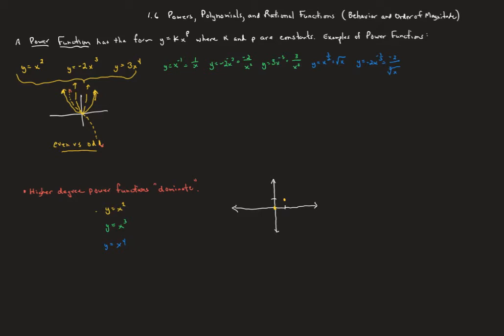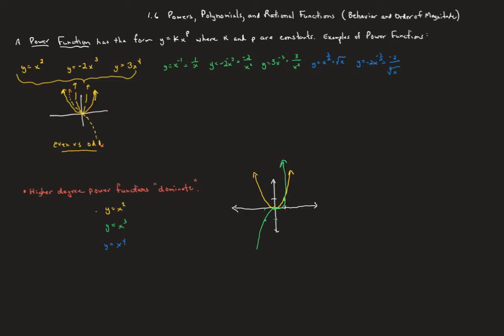Now x squared being even will come and go in the same direction. And in particular, we're going to notice the quadrant 1 behavior. Now x to the third is also going to contain 0, 0 and 1, 1. It will also contain negative 1, 1. But what will happen is it's going to get even steeper faster there.